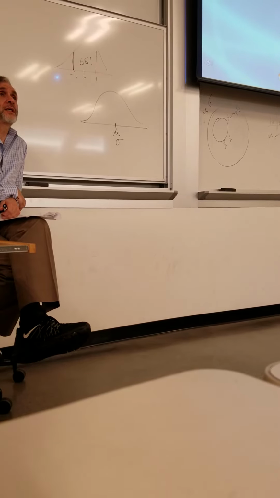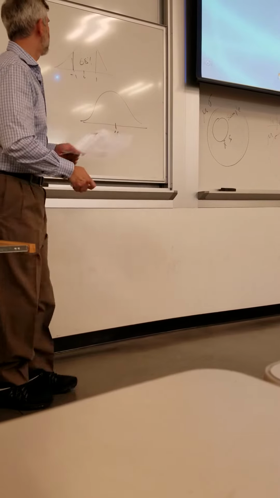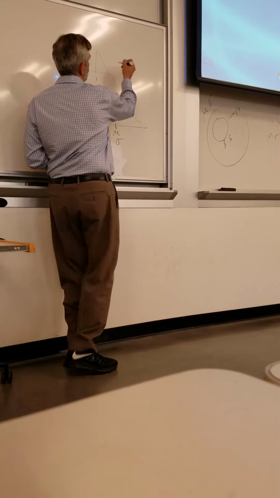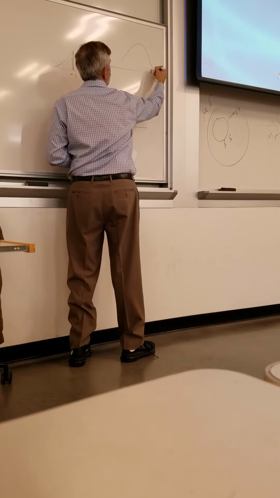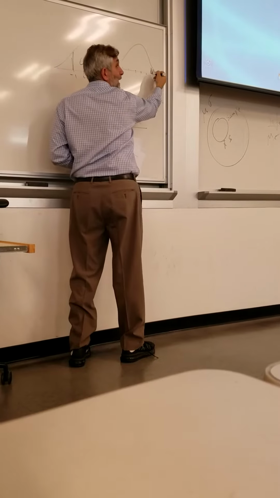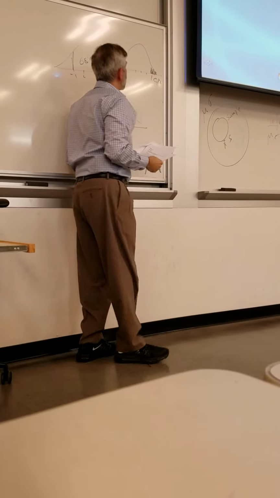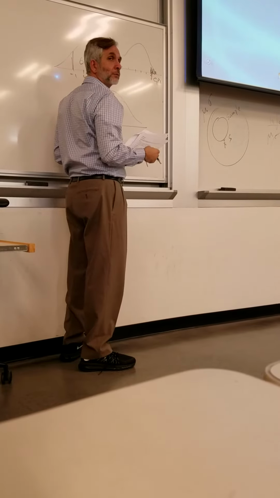If you've got a bunch of students that are planning to go to Harvard, and only the students with the highest GPAs are going to get in. And if I tell you the GPAs are normally distributed, only the students with the highest GPAs, this GPA is over here, are going to get in over here, yeah? Is that going to have a large Z value or a small Z value?